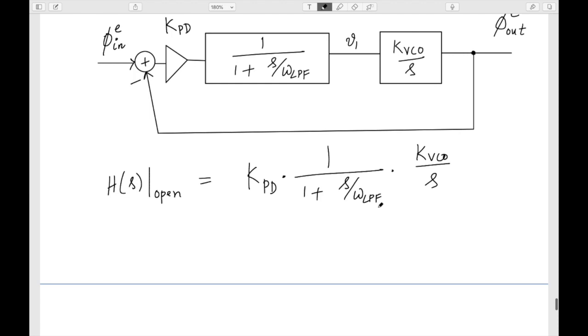Because it has one pole at the origin, this kind of PLL is called a type 1 PLL.